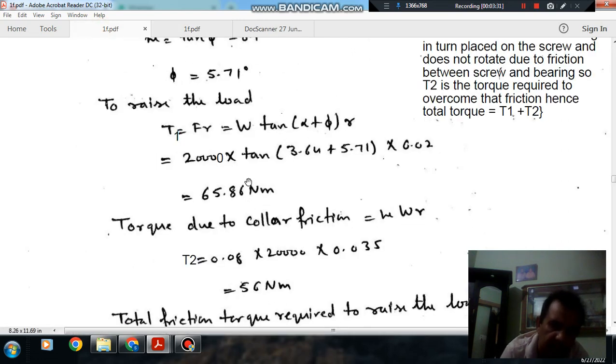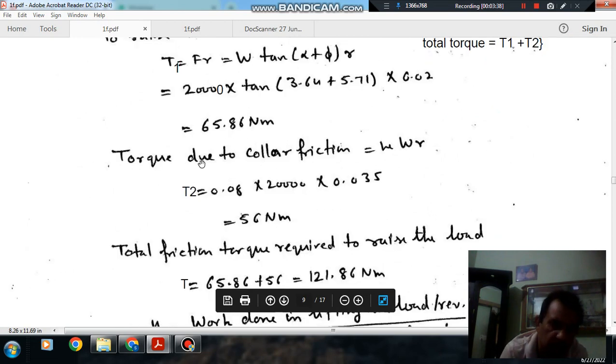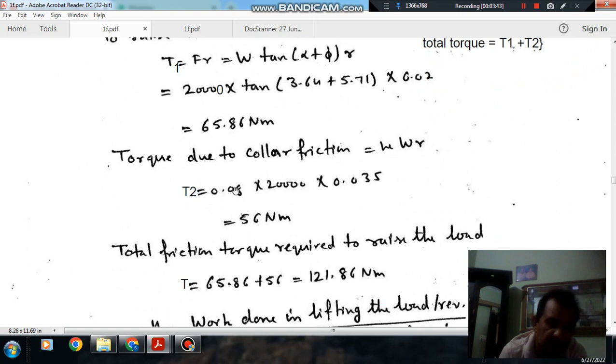That comes out as torque T2 of 56 Newton meter when the pivot friction is considered.